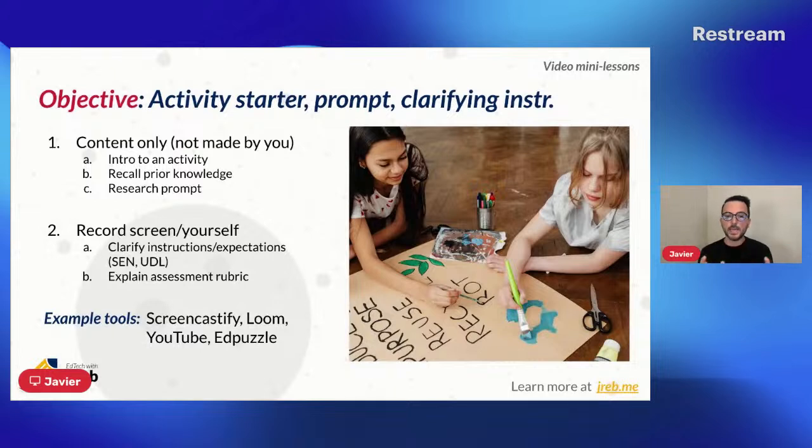You can make some edits inside YouTube. And of course, Edpuzzle, which we have talked about before, where you can add your video or look for ready content, and add questions, notes, and links, etc.